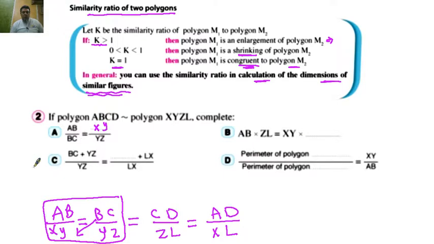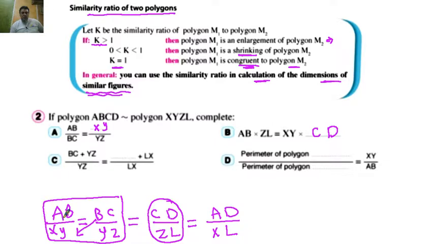The relation number B: AB times ZL equals CD times XY.